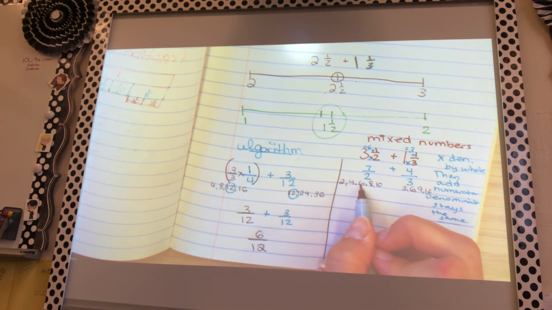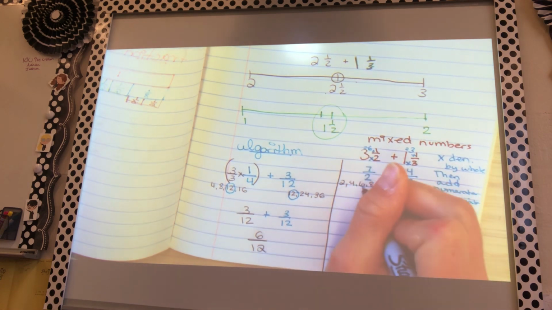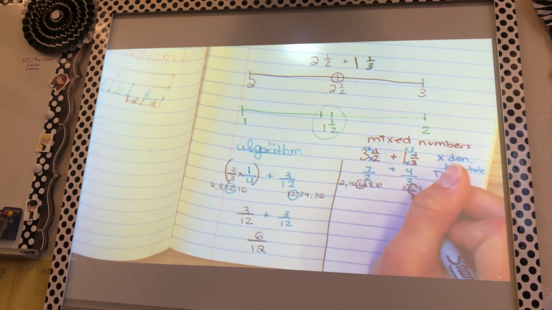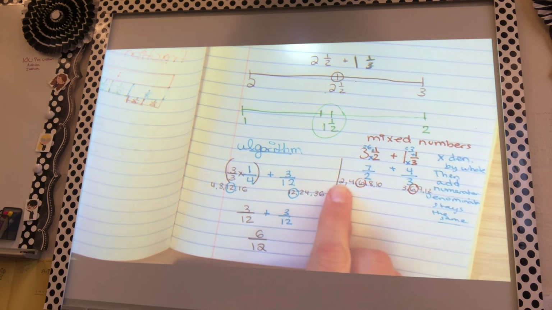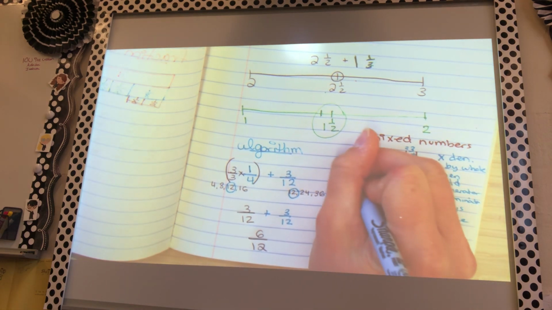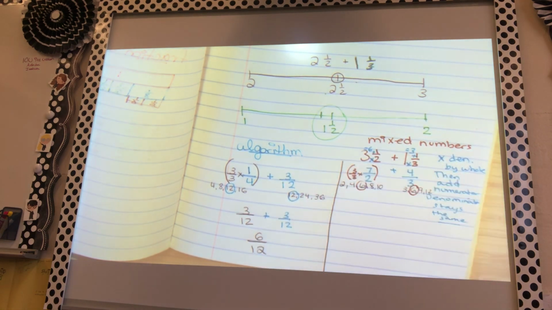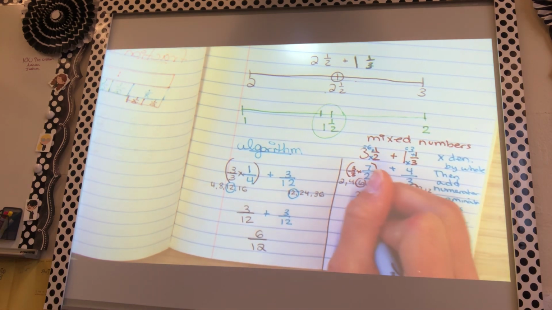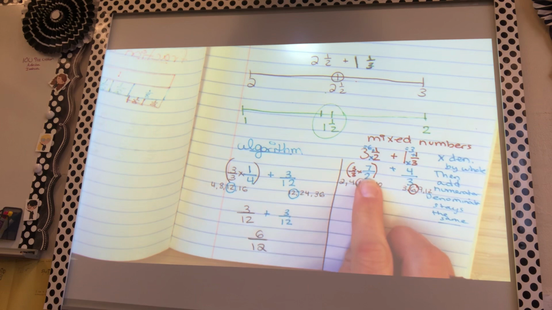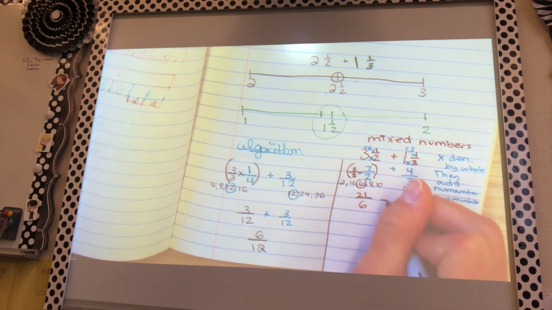I see that I hit 6 here and I hit 6 here. So, since I hit 6 for halves, I know that 1, 2, 3, 3/3, which is 1 whole, will give me an equivalent fraction in 6ths because 7 times 3 is 21. 3 times 2 is 6.